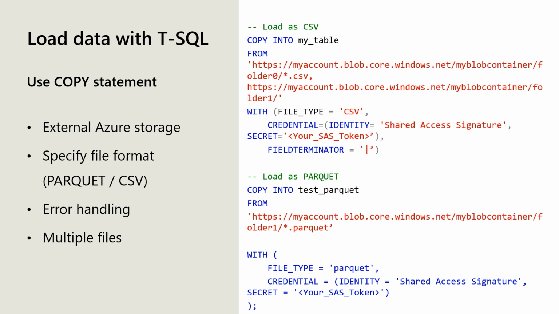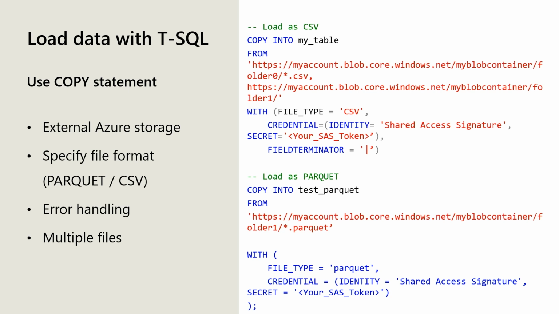The option to use a different storage account for the error file location, rejected row location, allows for better error handling and debugging. It makes it easier to isolate and investigate any issues that occur during the data loading process. Error file only applies to CSV.